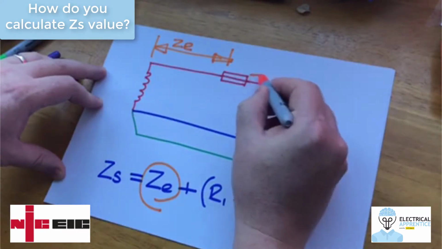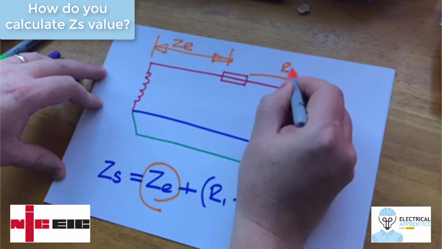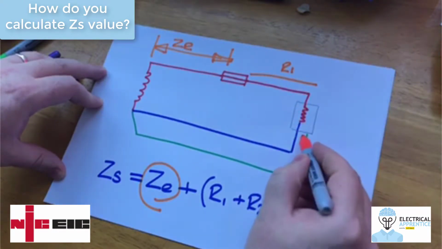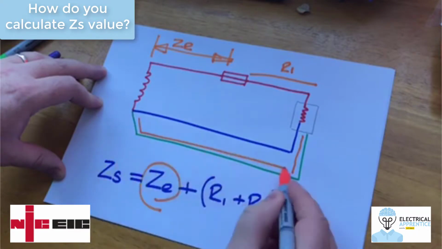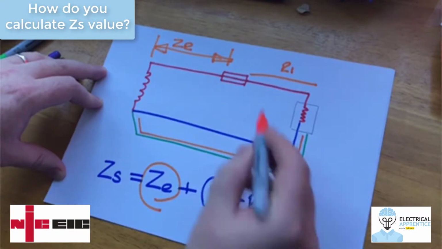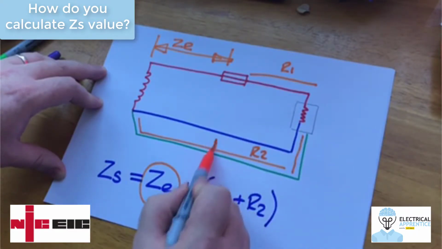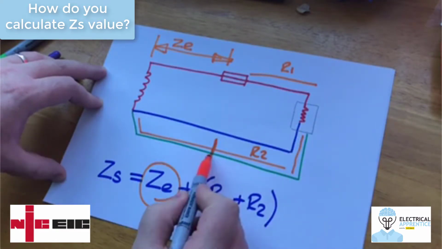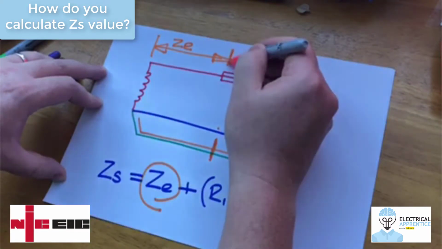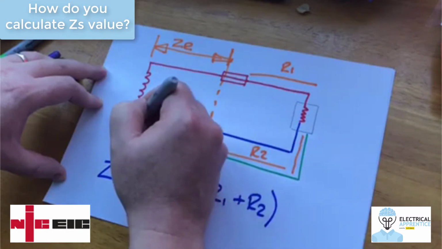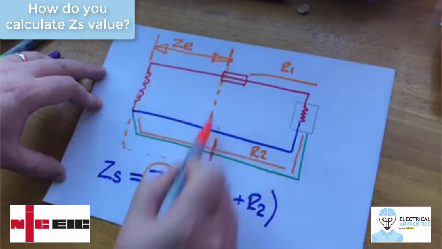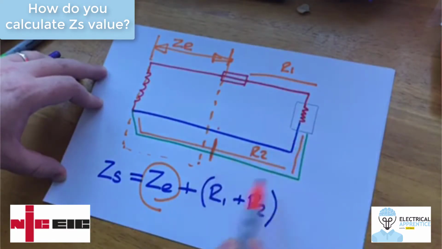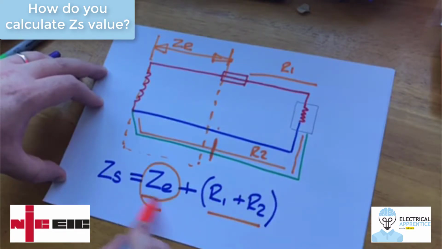And then this part is going to be your R1, and this bit there is going to be known as your R2. Now, effectively, that stops at the same point there, so your R2 will be to there. This part here again falls under that dotted line, that's the external part. That's your ZE, and this is your R1 plus R2 part here. You put them all together and you come up with that ZS.